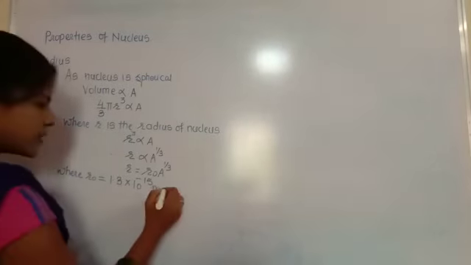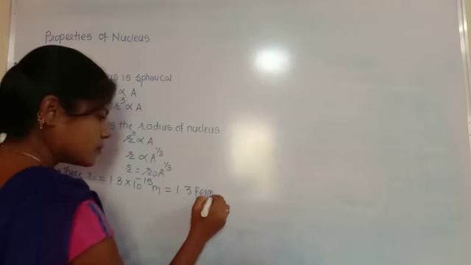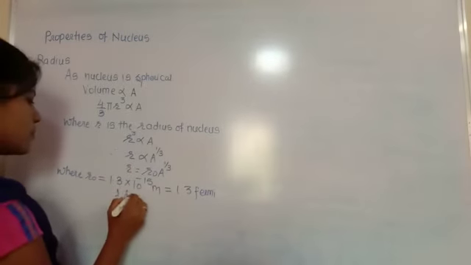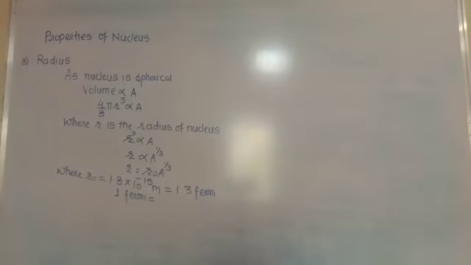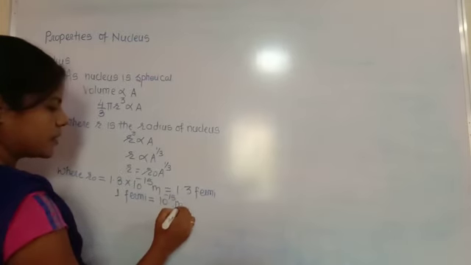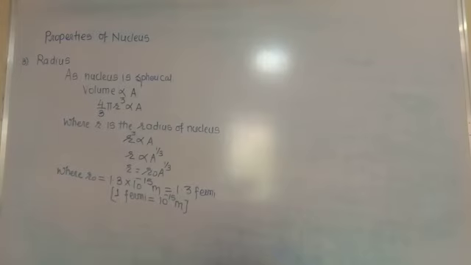So it is nothing but 1.3 Fermi. It is also known as 1.3 Fermi, and 1 Fermi is equal to 10 to the power minus 15 meter. So this is the value of 1 Fermi.